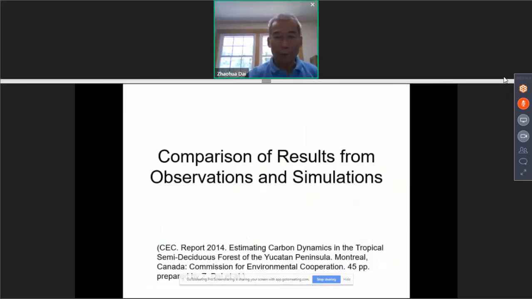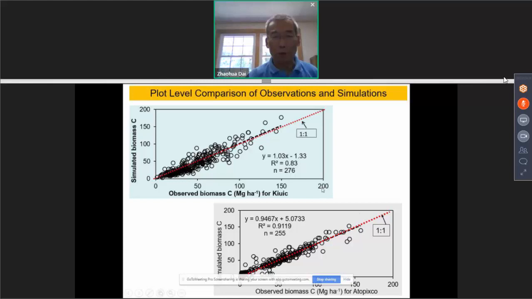Okay, so now we can find the result for the plots. This is the plot level. The slope of the 1-to-1 line is very close to 1, and the error is also small.